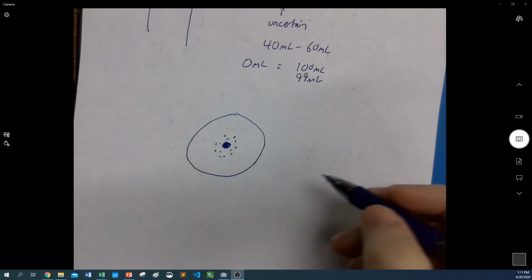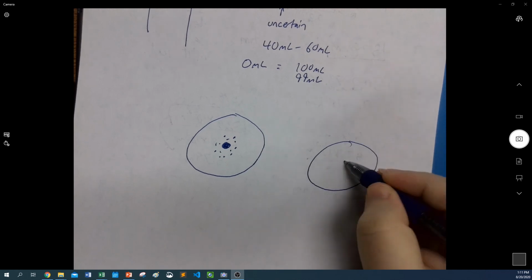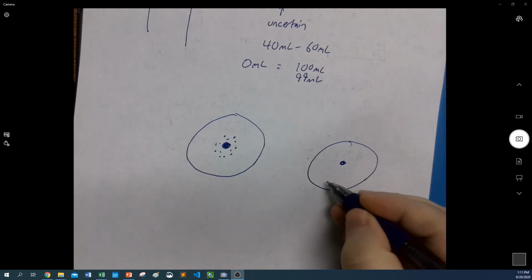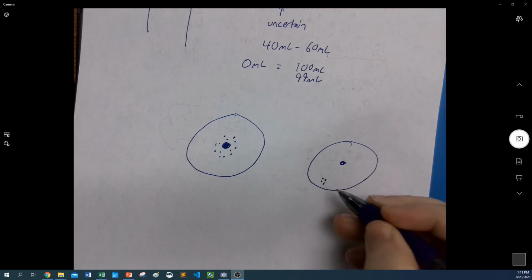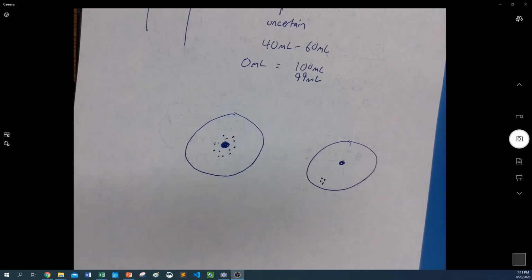Now then, another example. Imagine someone is constantly missing and hitting at this corner. I would say they were very precise, even though they were far away from the target. They're very consistent.